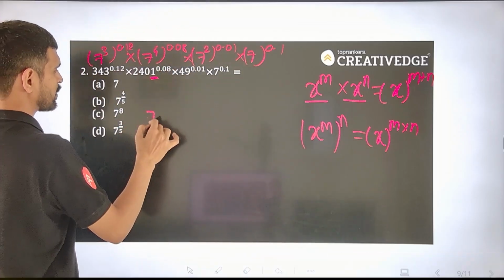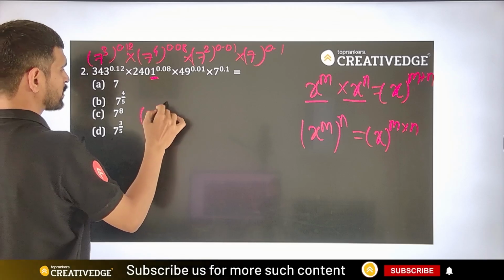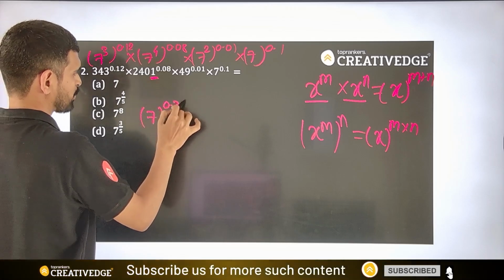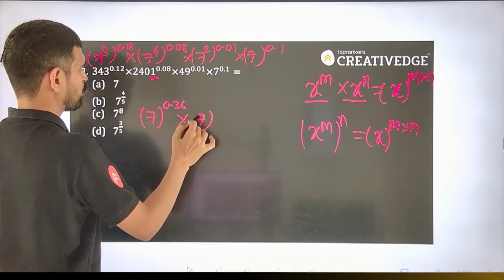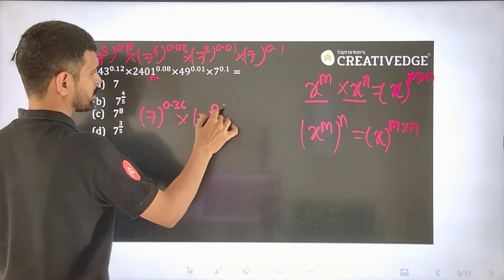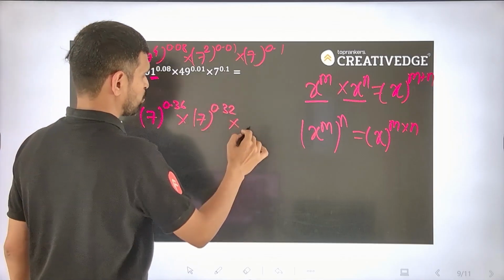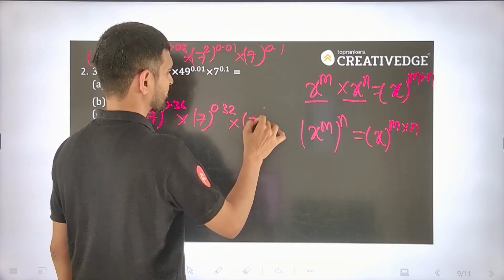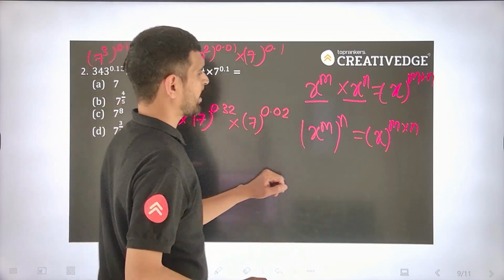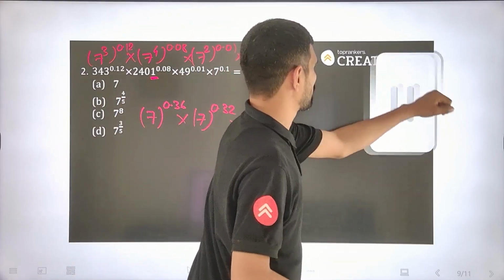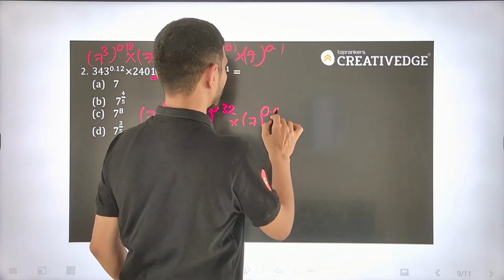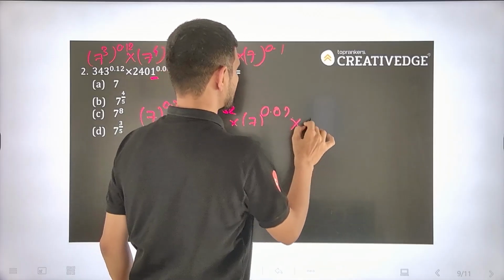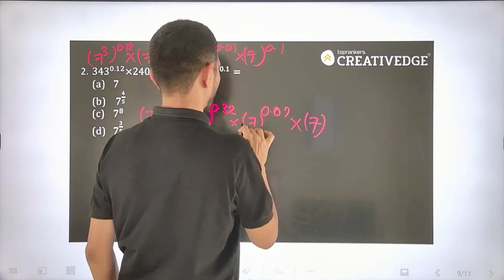So that will be 7 to the power 12 into 3, 36. So that will be 0.36. 4 into 8, 32, 0.32. 2 into 0.01 is 0.02. And the last one will be 7 to the power 0.1.